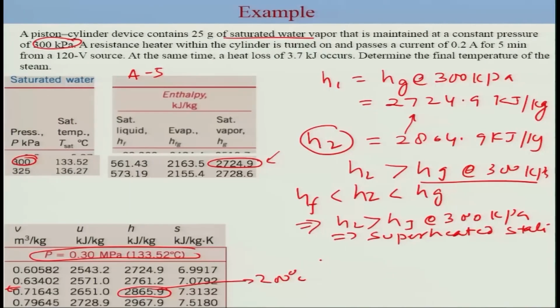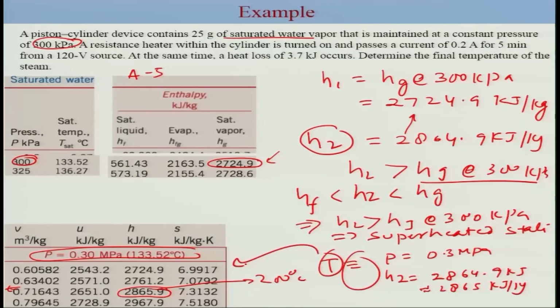So that would be your temperature, because it corresponds to pressure 0.3 megapascal and your H2, approximately 2865 kilojoules per kg. Temperature based on this table is close to 200 degrees Celsius. So this is the way to solve a typical problem based on the tables for the constant pressure system.